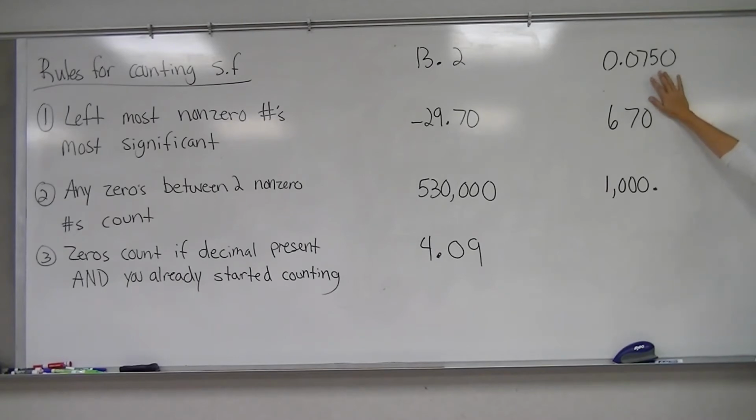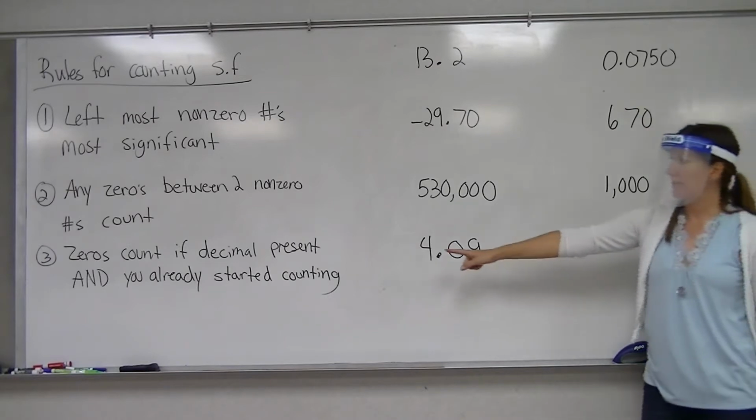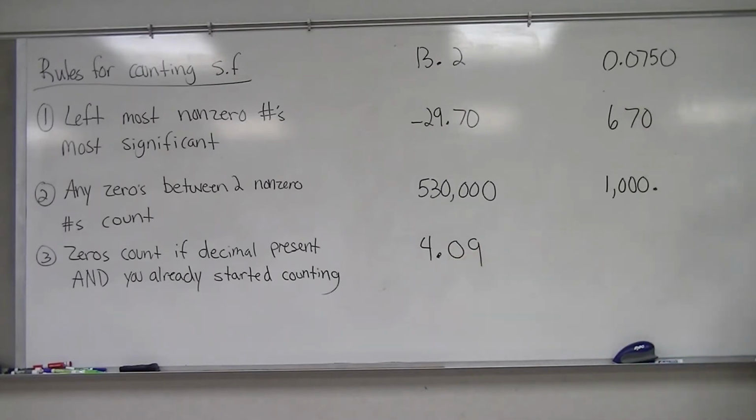Let's apply it again up here. I'm going to work through each of these and we'll count them using the rules, but to explain the rules, it helps to refer to these numbers. Here, it's saying zeros count for number 3 if a decimal is present and if you've already started counting. So here I have 2 zeros and I have a decimal point. These first 2 zeros do not count.